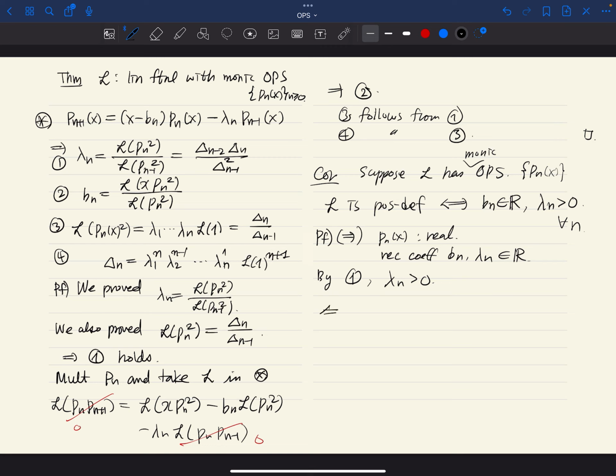What about the other direction? Since Bn and lambda n are real, Pn is real, because the recurrence coefficients are all real, so the polynomials themselves must be real too.